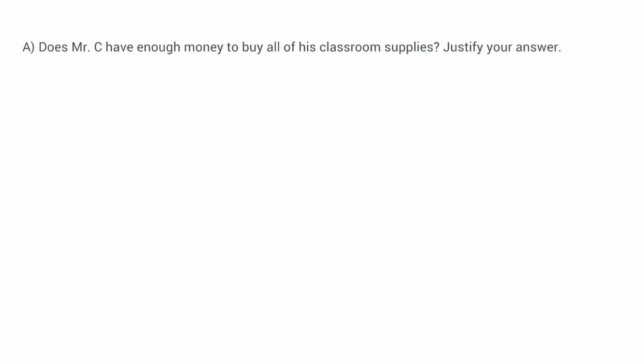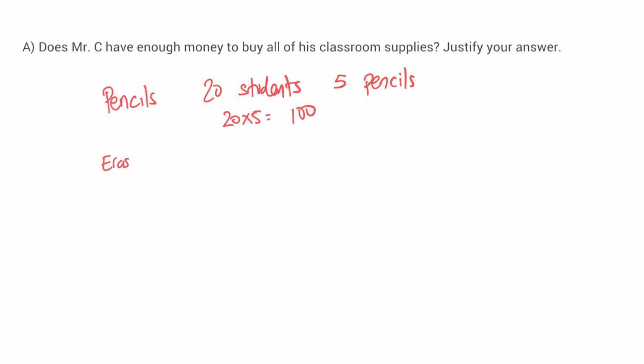Next slide here. So pencils, we have 20 students and each needs 5 pencils. So in order to figure out how many total, we can do 20 times 5. So we need 100 pencils in total. Erasers, this one's a little bit trickier.